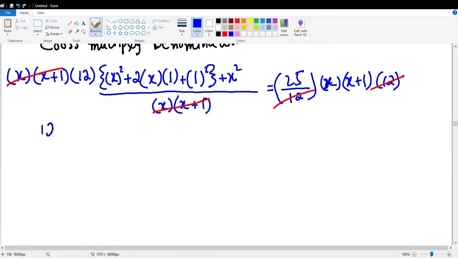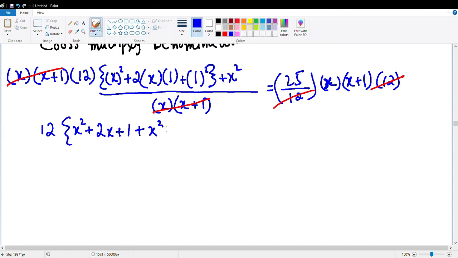We have 12 into x squared plus 2 into 1 is 2, 2 into x is 2x, plus 1 square is 1, plus x squared. We don't even need to write the brackets anymore. The formula is open, it's pretty safe.